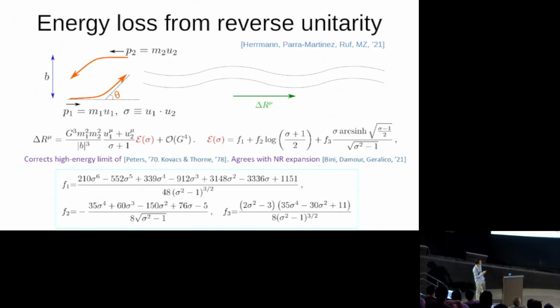But with the reverse unitarity method, this is almost like a student's exercise, and we get a very clean analytic result. It also agrees with the non-relativistic expansion to very high, like the 15th order, by Bini, Damour, and Geralico.